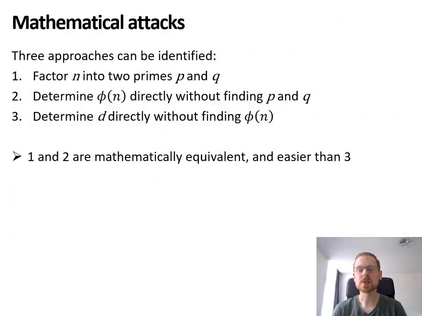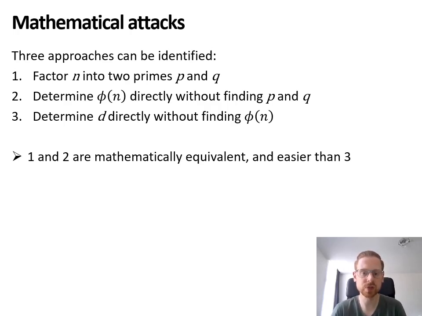And let's take a look at the second type of attack, the mathematical attack. There are three approaches that have been identified for mathematical attacks against RSA. The first one is to factor n into the 2 primes p and q. Second one is to determine the totient of n directly without first trying to find p and q. And the third one is to determine the private key d without finding the totient of n.